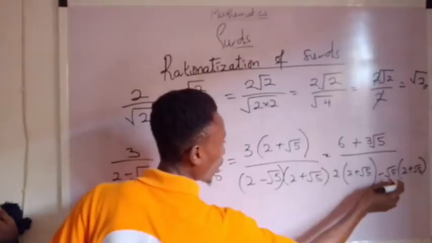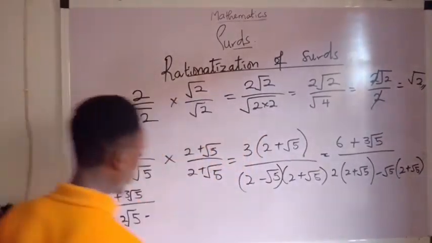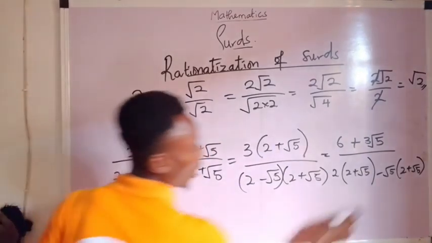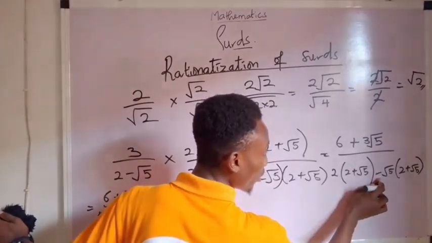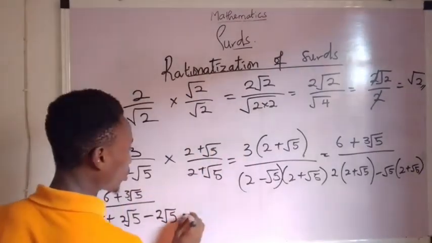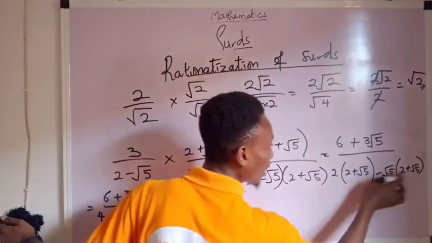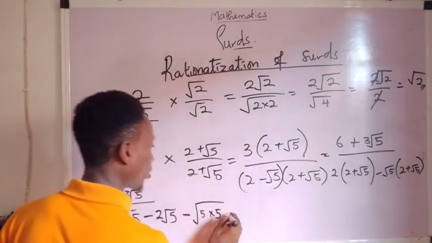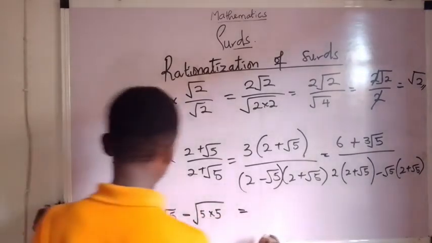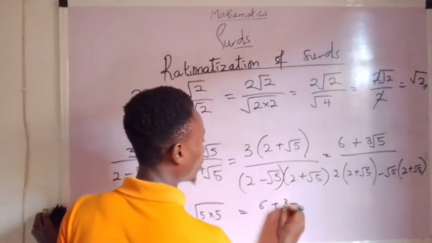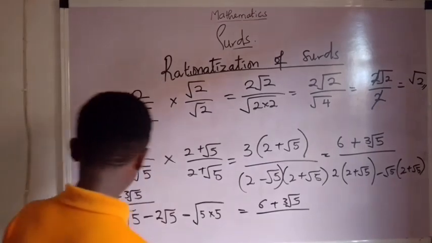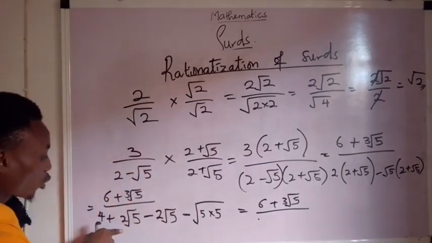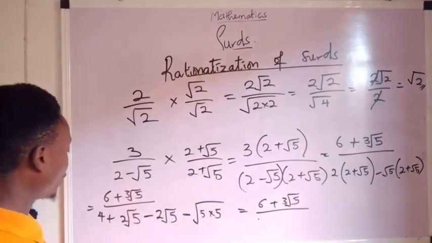Minus, take note. Now minus root 5 times 2 would actually give us what? Minus 2 root 5. Minus times plus will give us what? Minus. Now root 5 times root 5 will give us what? Root 25. Now you have what? 6 plus 3 root 5 over, take note, plus 2 root 5 minus 2 root 5 will give us what? 0.